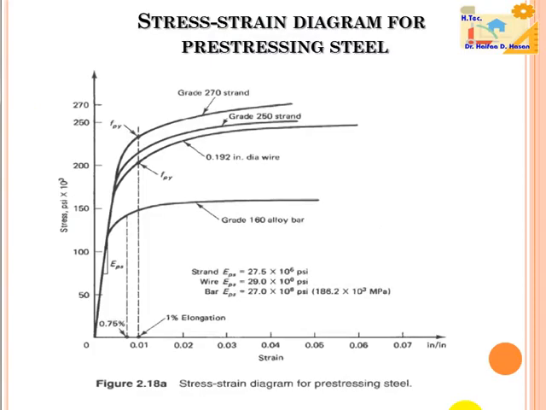Stress strain diagram for prestressing steel. Here we can see the stress strain diagram for types of prestressing strand and wires: a grade 270 strand, a grade 250 strand, wires with 0.192 inch diameter, and grade 160 alloy bars, and the modulus of elasticity for each type.